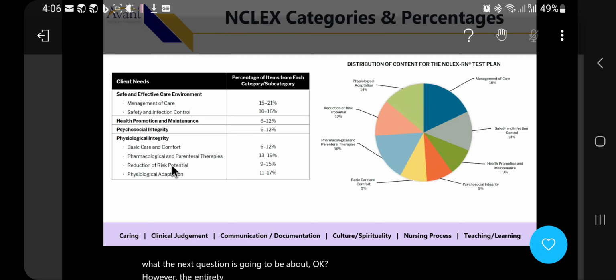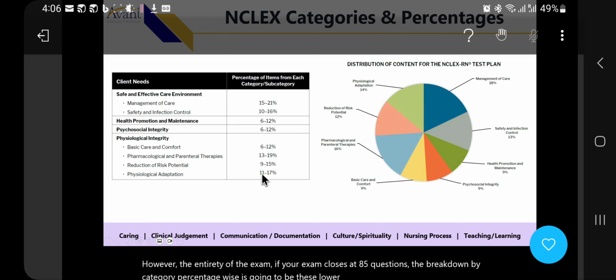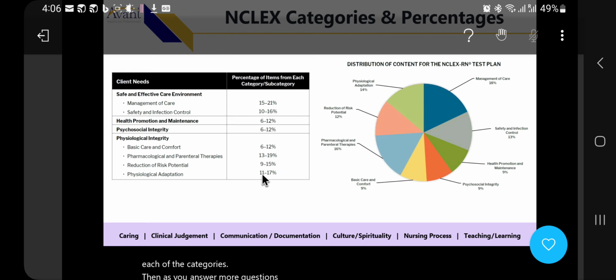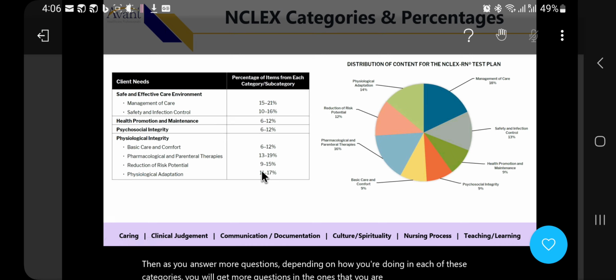However, the entirety of the exam, if your exam closes at 85 questions, the breakdown by category percentage-wise is going to be these lower numbers of the percentage ranges for each of the categories. Then as you answer more questions, depending on how you're doing in each of these categories, you will get more questions in the ones that you are getting more questions wrong, getting lower difficulty questions.